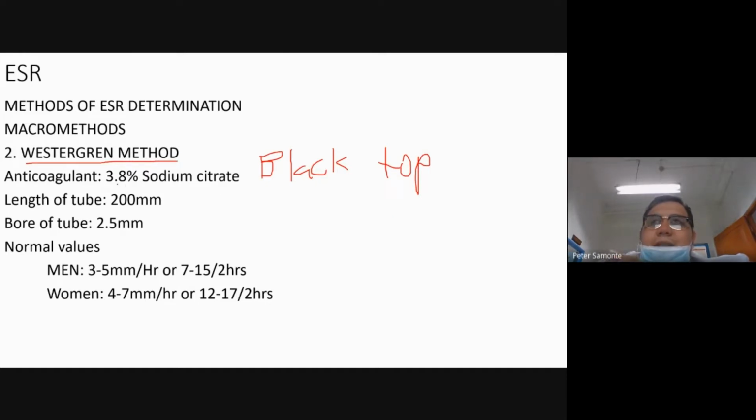It's 3.8%. Kapag tinanong kayo naman ng what is usually used for coagulation studies, it is 3.2%, yung light blue top. So don't forget that, ha. Pag 3.8%, ESR, black top. Pag coagulation studies, 3.2%, light blue top.